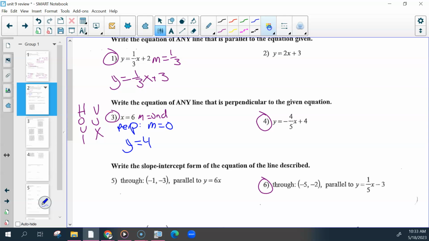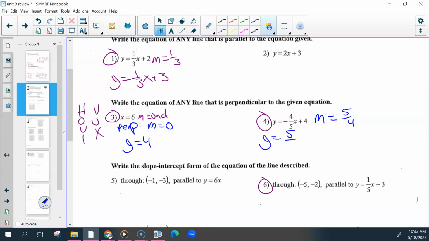For number 4, it's perpendicular, so we have to look at our slope, take it, flip it. It's negative, so make it positive. What would our new slope be? We took that fraction, we flipped it. What would that be? 5/4, positive 5/4. So we're going to use that slope in our new equation.